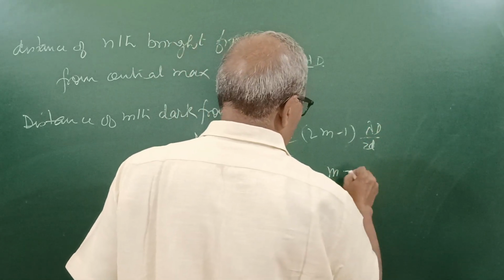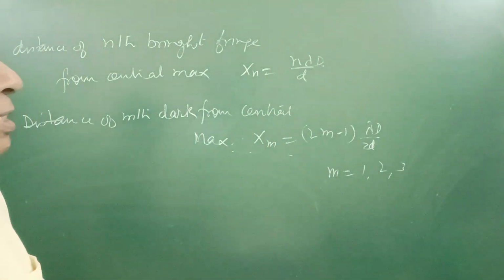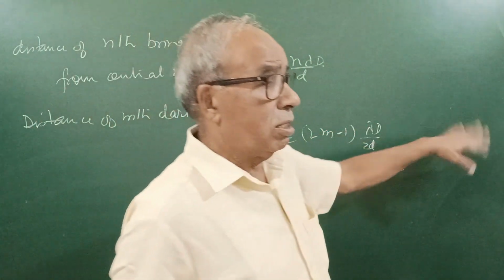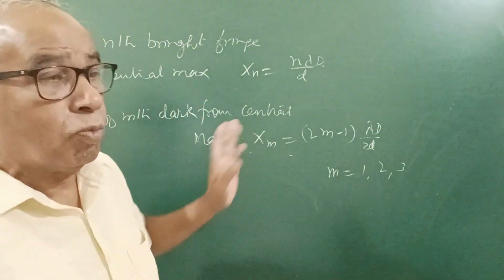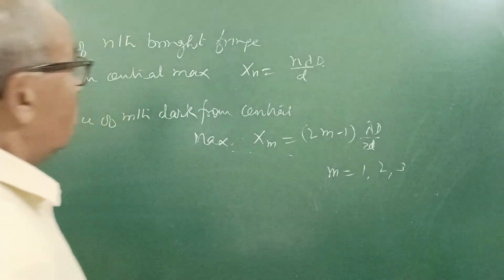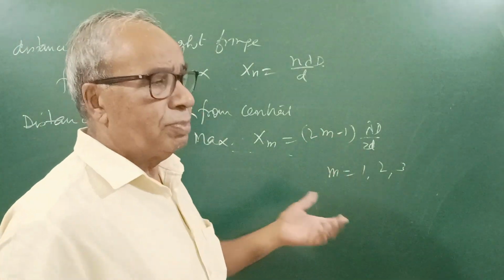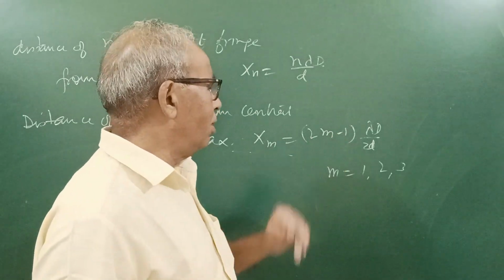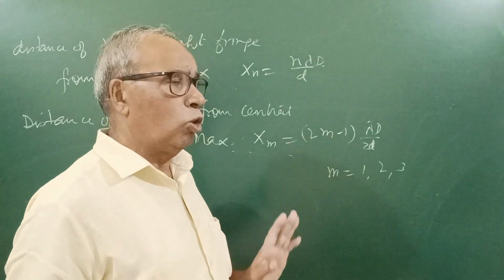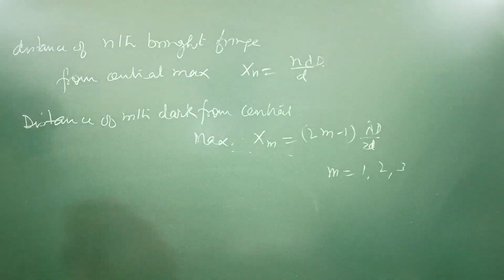Here m equals 1, 2, 3. Because in Young's experiment the central fringe is bright, then we get the first dark. If we put m equal to 1, we get the position of the first dark. Some people write n again, or they write (2n plus 1) lambda by 2 with n equal to 0. Then everything gets confused, the sequence is not right.